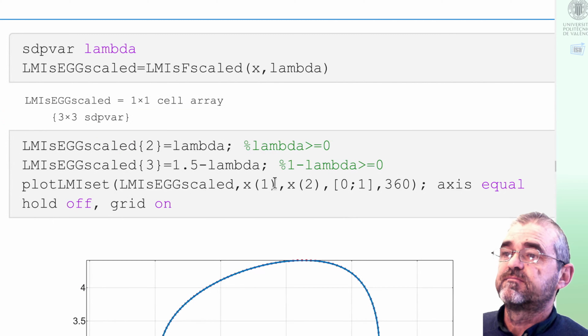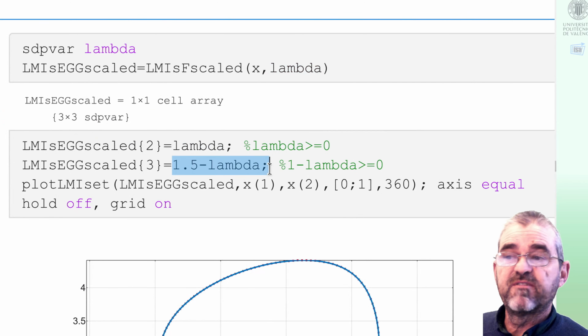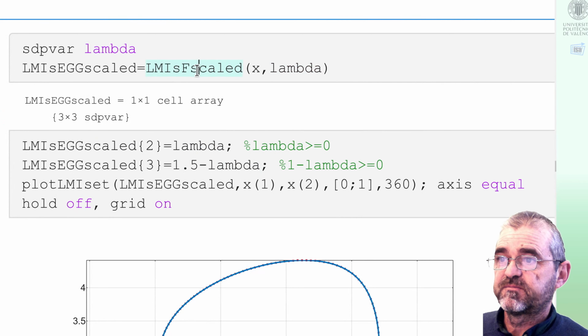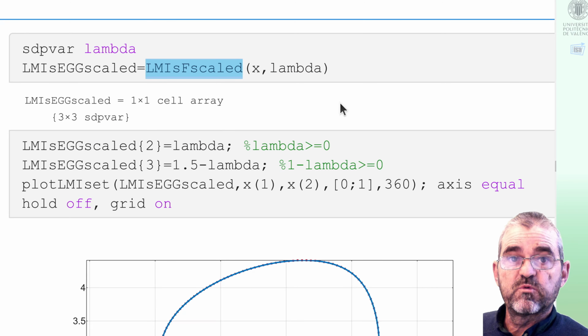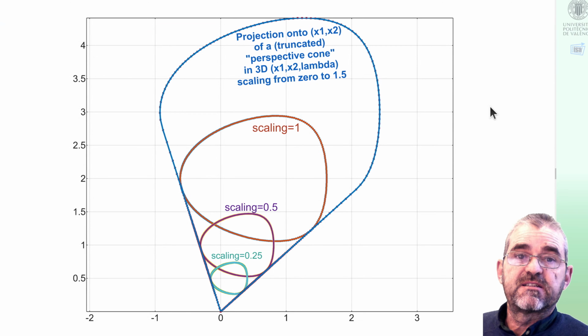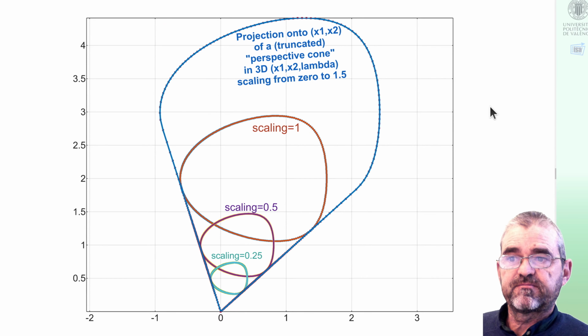If I tell that lambda must be between 0 and 1.5, and lambda is the decision variable, then building the LMIs of that scaled set with the variable lambda gets me the blue LMI set in the figure when I project over the 2D space.